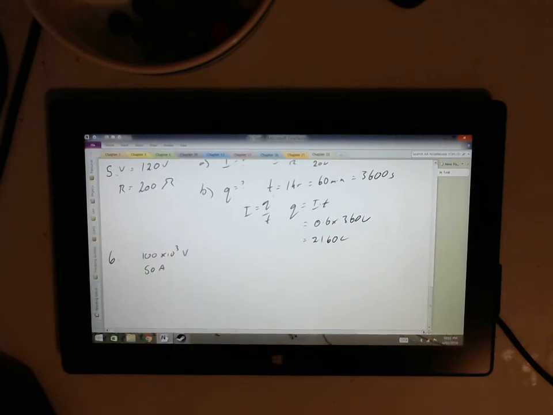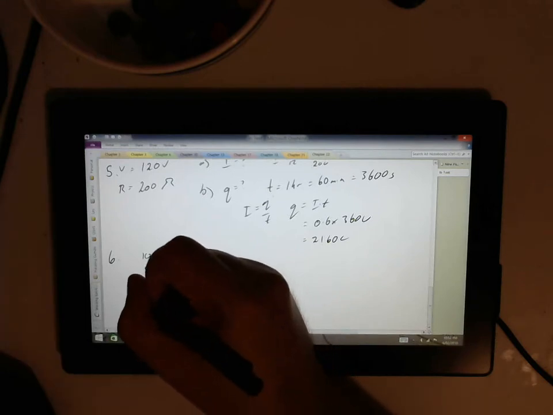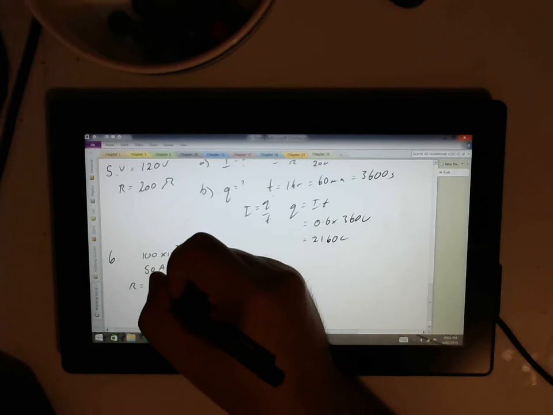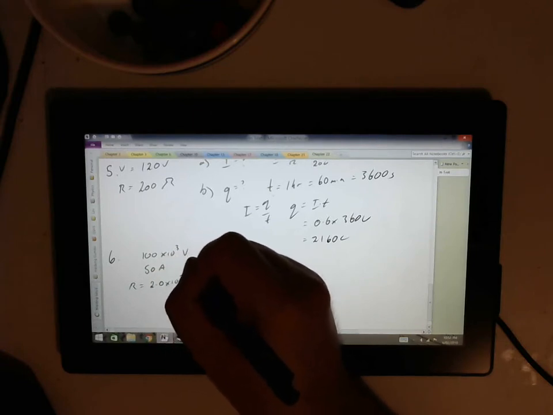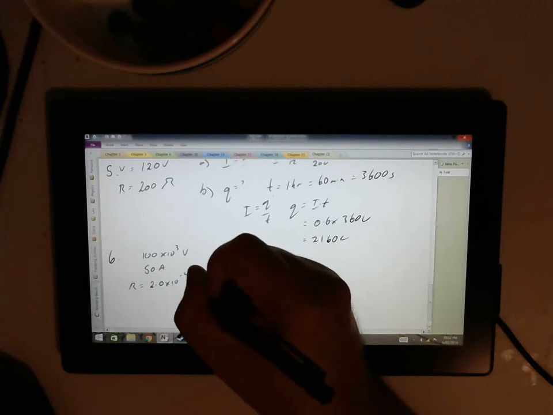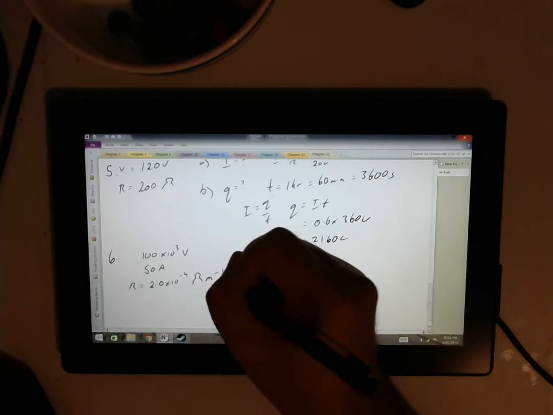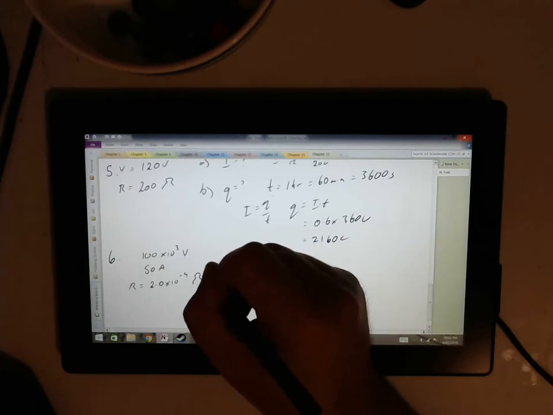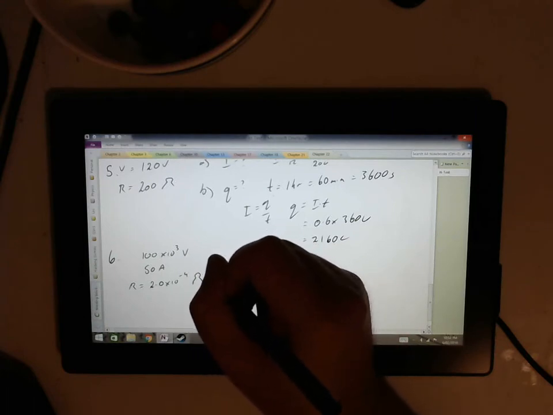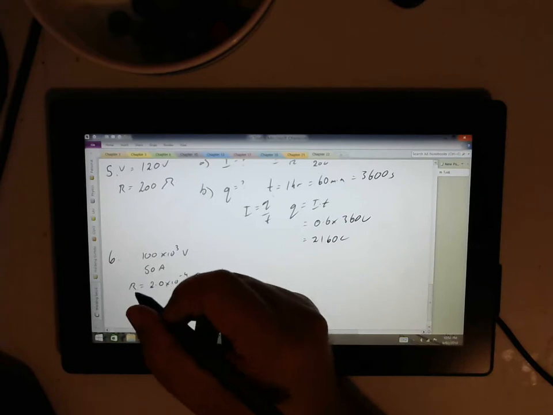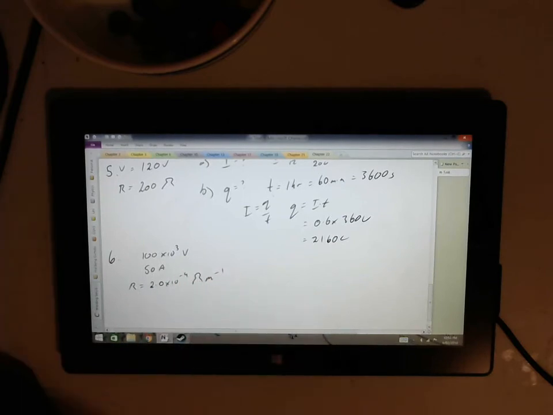The line resistance equals 2.0 times 10 to the negative 4 ohms per meter. This is not the right unit, it's ohms per meter. So we're going to need to get rid of that per meter. We're going to need a distance, because distance is meters.